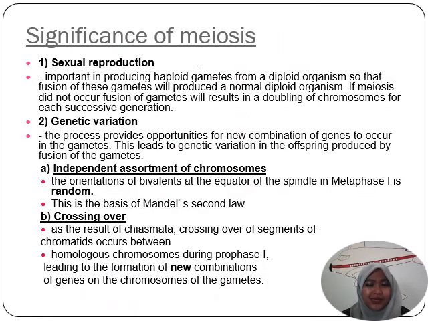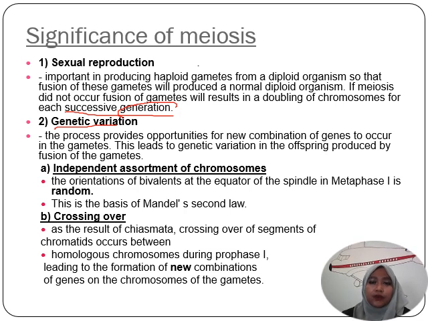Okay, so significance. What is the importance of meiosis? Obviously for sexual reproduction, our gametes, our sperm and also the ovum, are made during the process of meiosis. This meiosis occurs in our gametes to produce a new generation. Genetic variation, obviously.